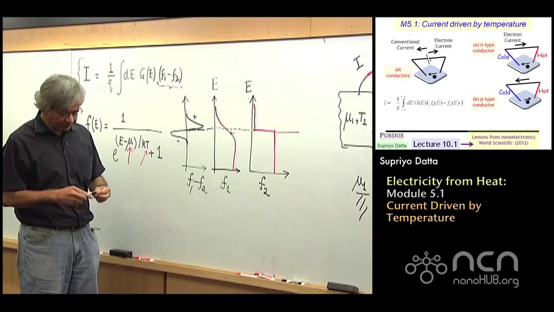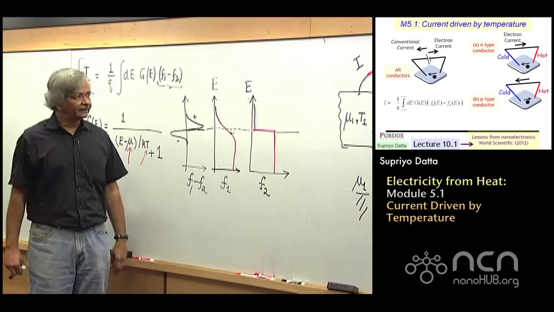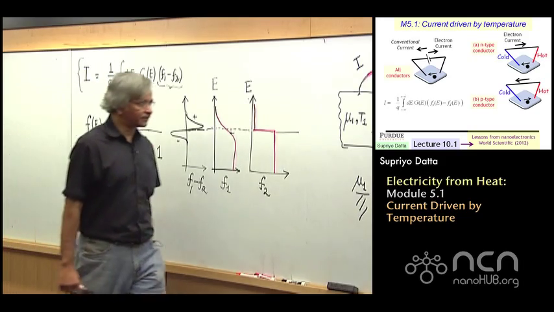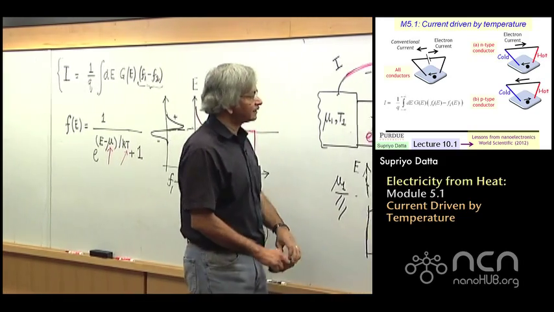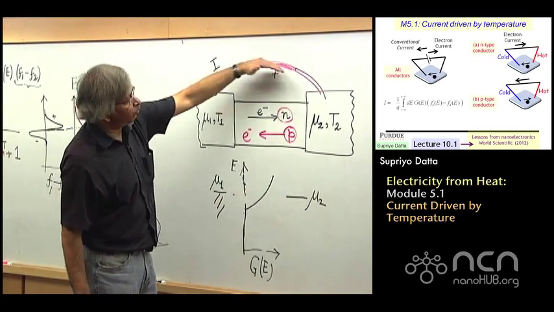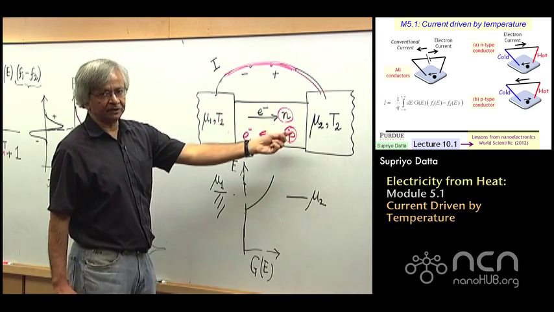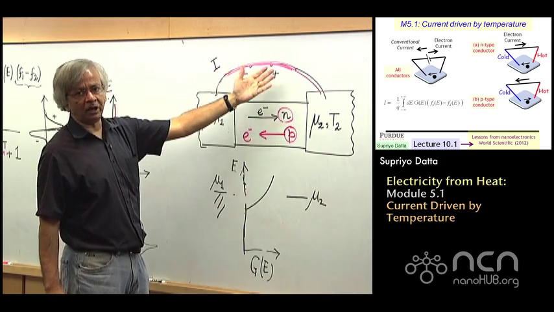Now these N-type and P-type conductors, let me just mention one other thing and we can move on. The way we discuss this right now is that if you take this material and you connect a wire across the outside, then when you have a temperature difference, a current will flow in that wire.